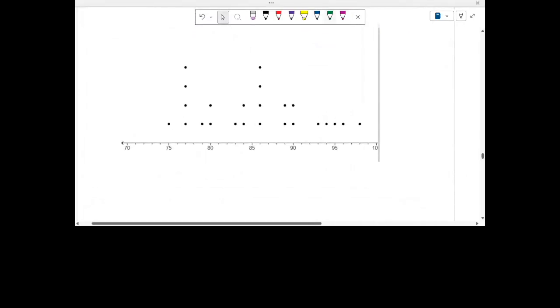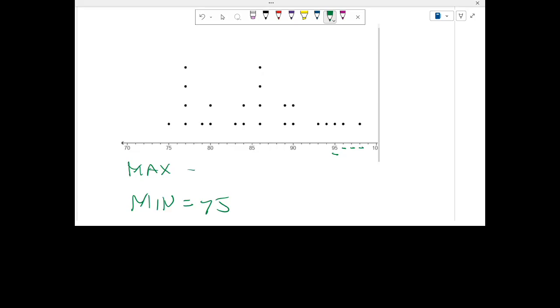find the range. Okay, let's do this again, y'all. Let's look for two things: let's find the max and let's find the min. It looks like the min is about 75, that looks like the dot on the smallest side. Let's count over here. If this is 95, that's got to be 96, 97.